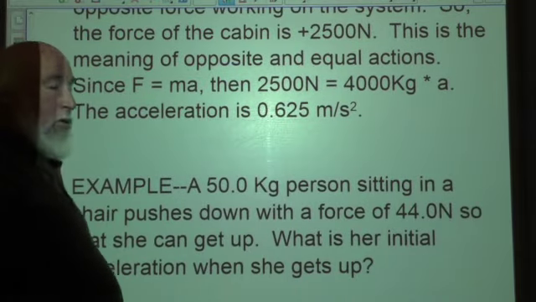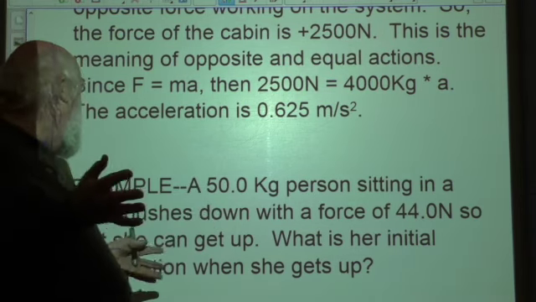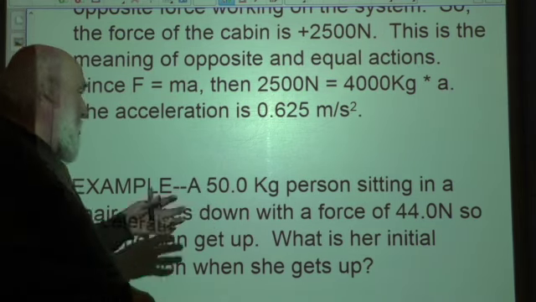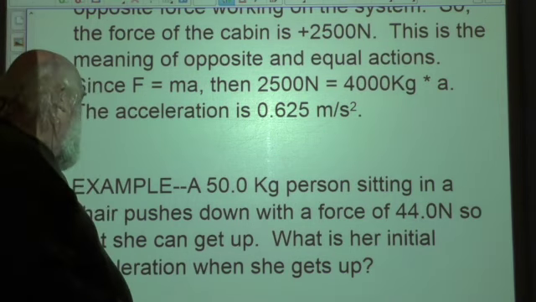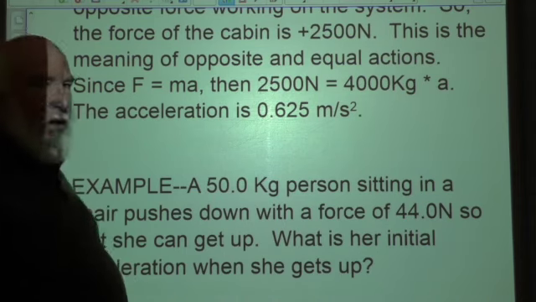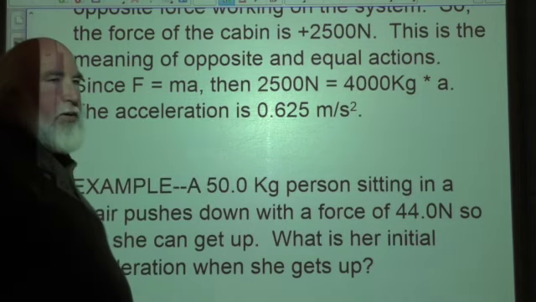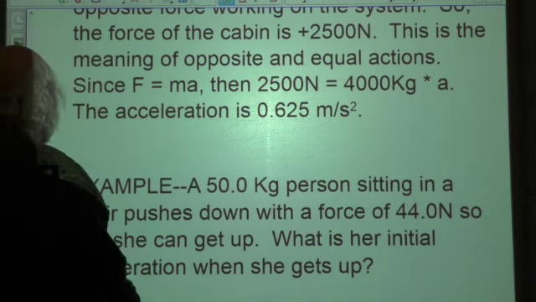Okay, now let's suppose that a woman is sitting on a chair and she has a mass of 50 kilograms, about 110 pounds, and pushes down with a force of 44 newtons. So she's going to push down to get up. Okay, what is her initial acceleration when she gets up?